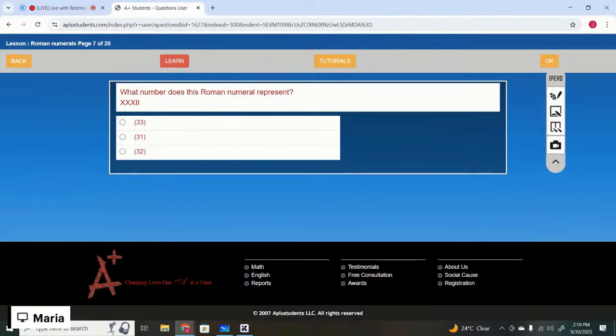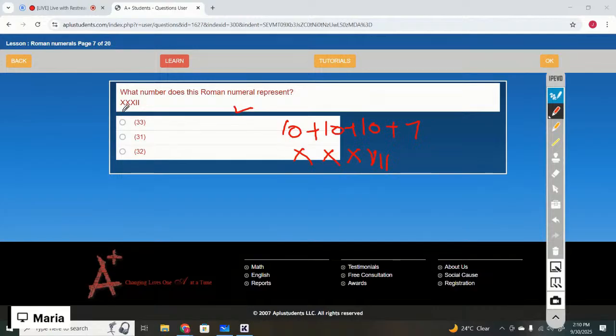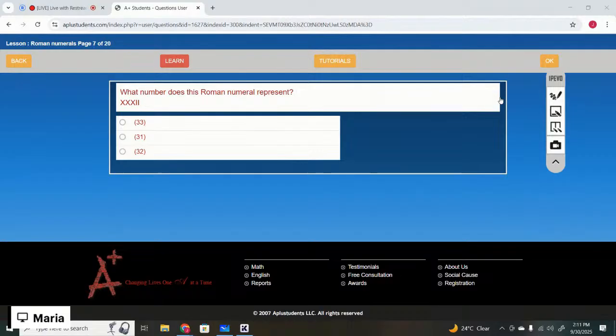What number does this Roman numeral represent? So 10, 10, 10, 30, and 2, 32. Option 3 is the correct option. Okay, you can complete the lesson by yourself.